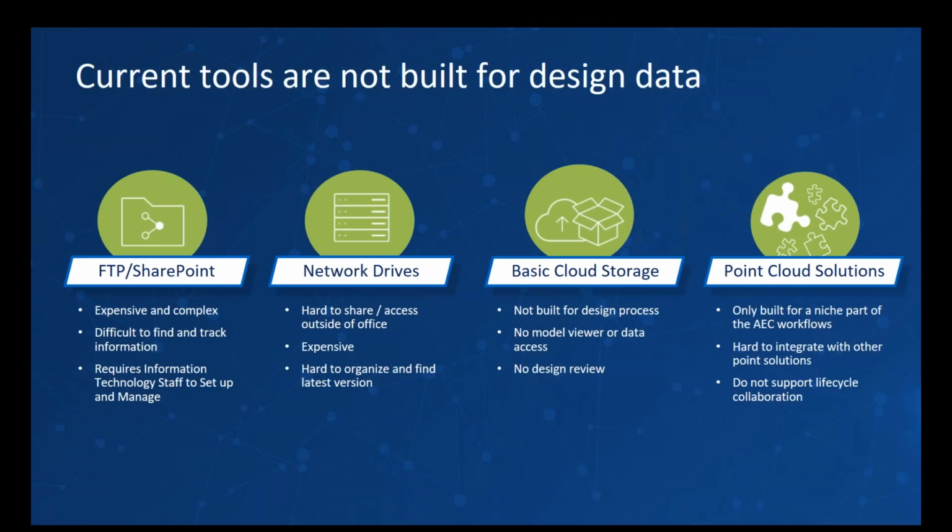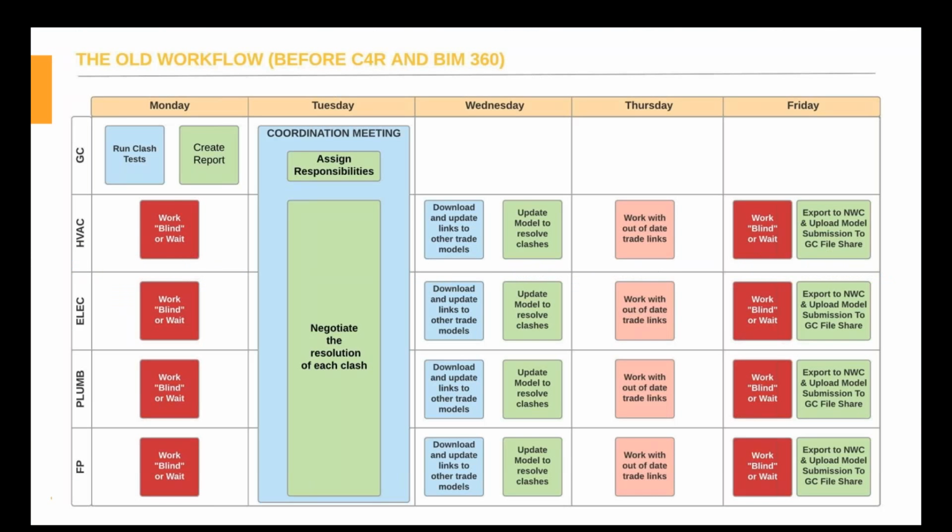So I'm going to talk about the workflow of a typical coordination project. Here with this chart, we have a typical coordination week. So if we were to upload our coordination project at the end of the day on Friday, the general contractor, the VDC department, would get all of the different NWC models that everyone exported from Revit, and they would go ahead and run a clash test and create a report.